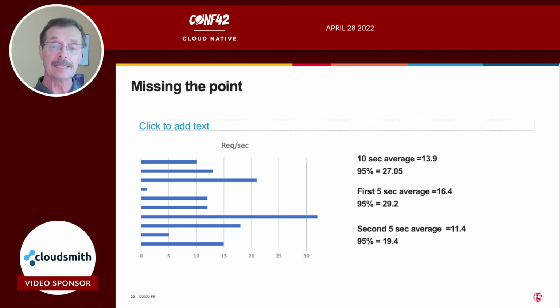If I look at a 10-second aggregation, my average is 13.9 and my 95th percentile is 27.05. If I look at just the first 5 seconds, I have a 16.4, and my second 5 seconds I had an 11.4. Both of these miss the fact that one of my measurements has gone over 30 requests per second, which happens to be where I had set the alert.